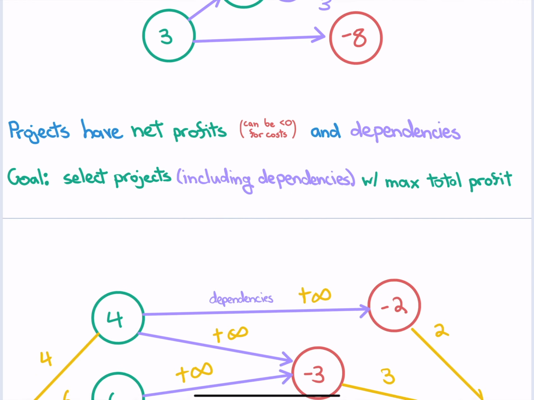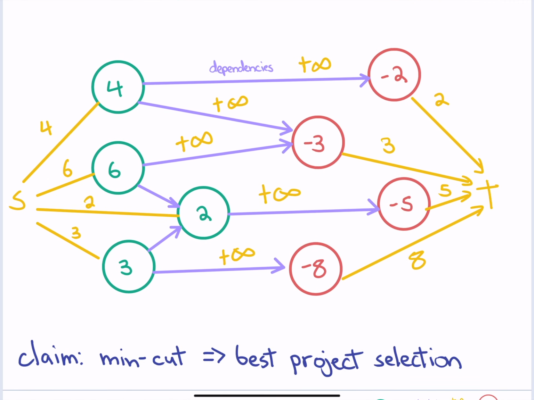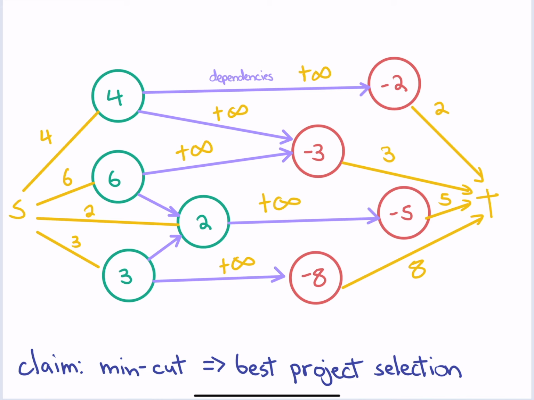So let me explain the construction. Here's what we end up doing. We make a super source and a super sink. For every profitable project, I add an edge from the source to the project, where the capacity is equal to the profit value.